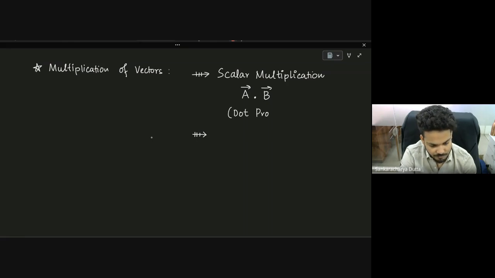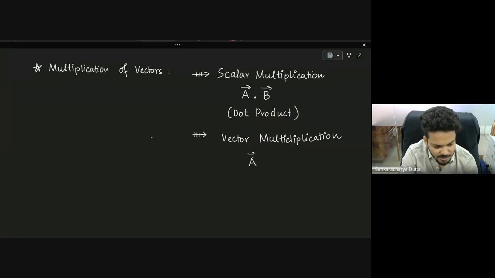The second type of multiplication is known as vector multiplication, and you represent that using the x sign, a vector cross b vector. This is also known as the cross product.